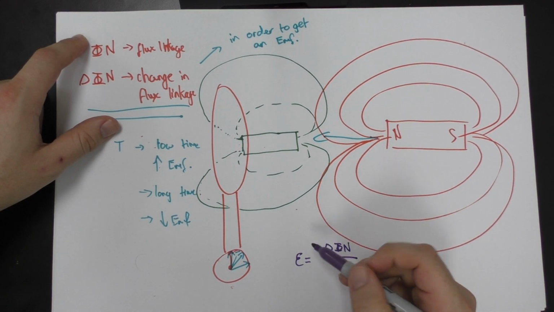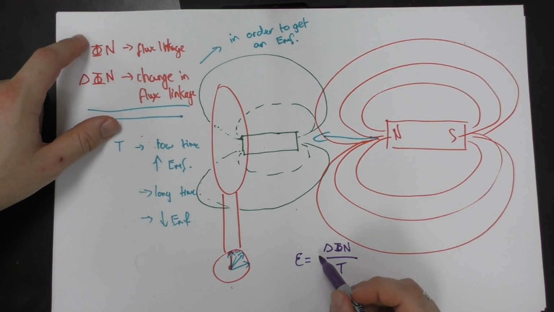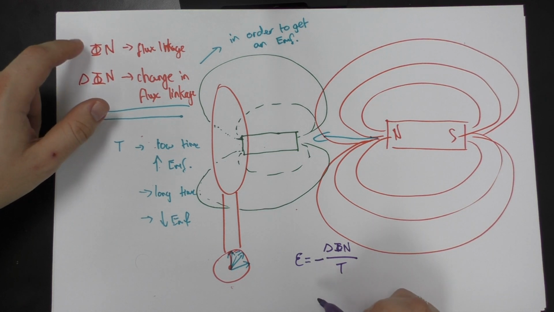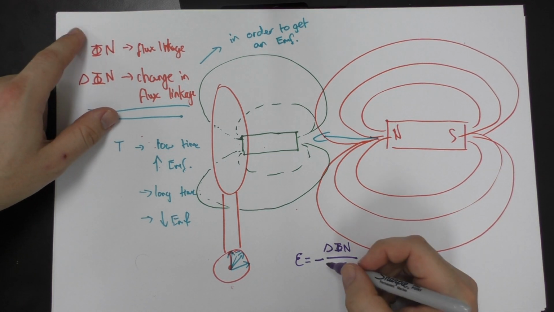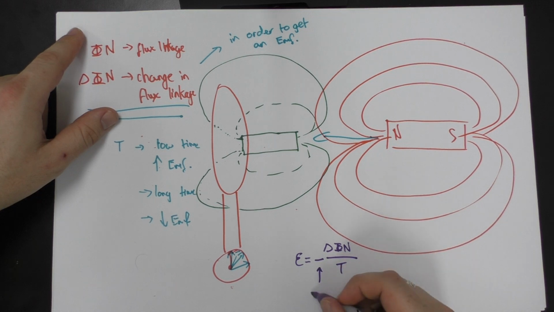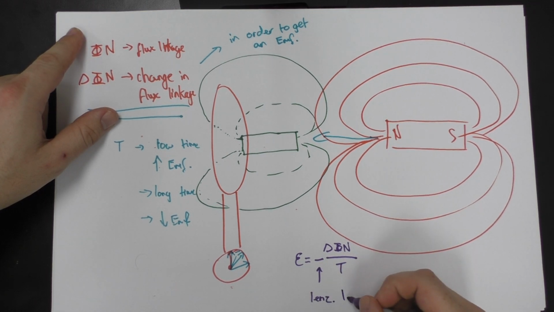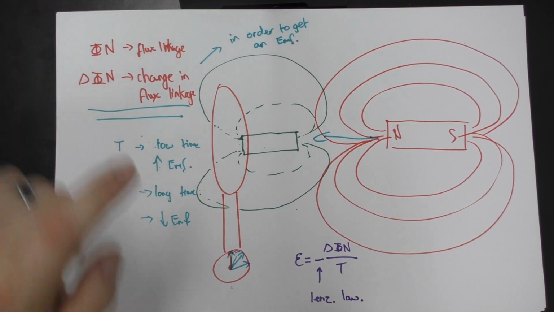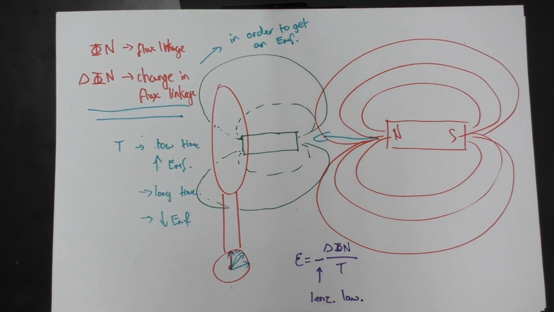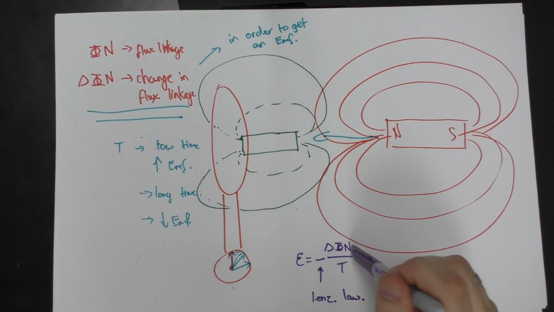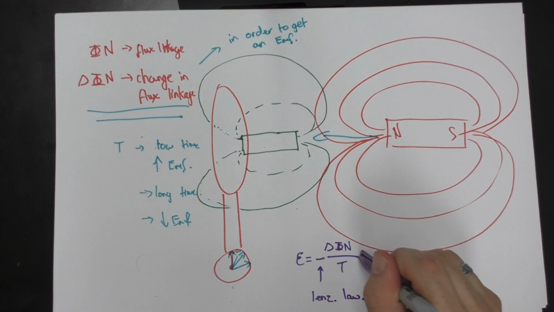But you may notice I have an equation sheet, and there's actually a negative sign in here. And there's a reason for that. Poor old Lenz, this is Lenz's law. Lenz's law is what indicates that this negative sign is there. I'll explain it in words first of all, and then I'll show you in terms of diagrams.